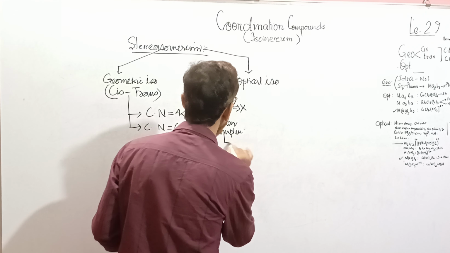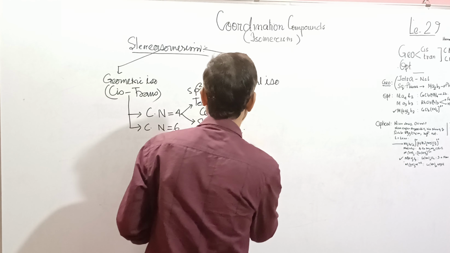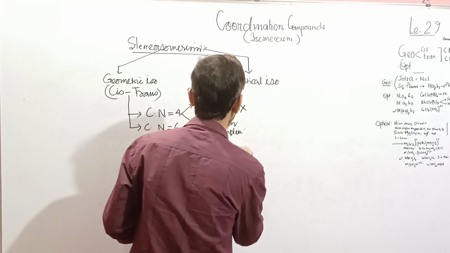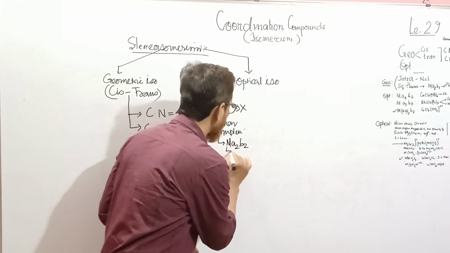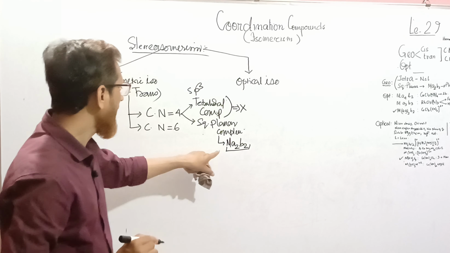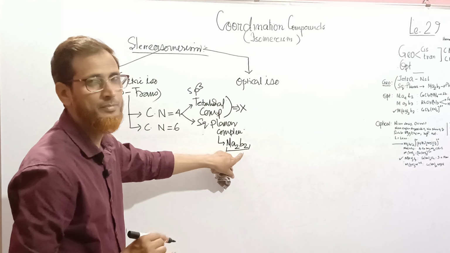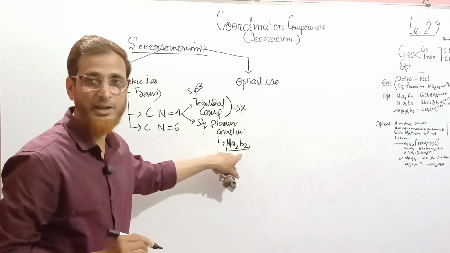It shows only Ma2B2 type. Keep it in your mind, very interesting thing. I will explain Ma2B2 type and show you an example a bit later.